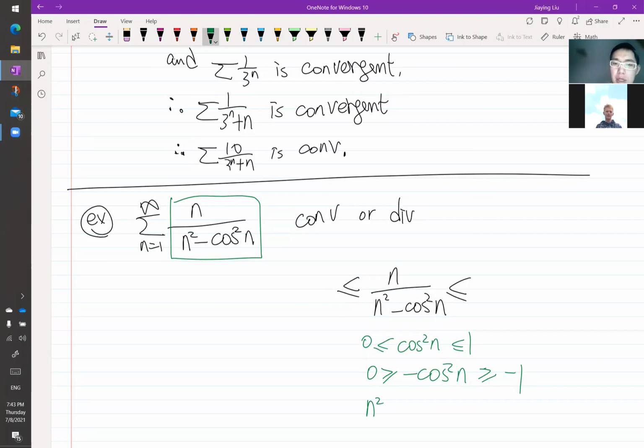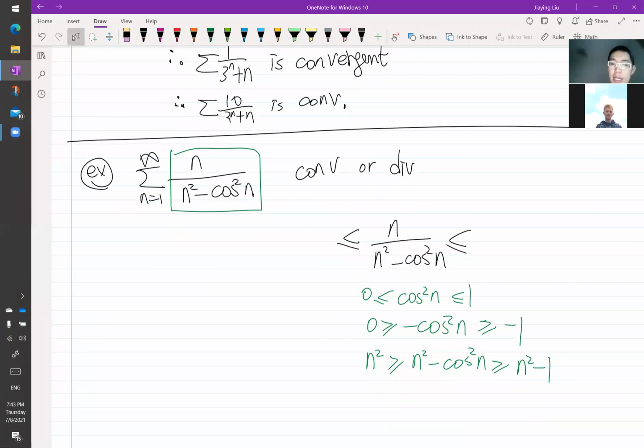So n squared greater or equal to n squared minus cosine square n greater or equal to n squared minus 1. And then I'm going to take all of those, put them into the denominator, and I have to flip the sign again. So I got 1 over n squared less or equal to 1 over n squared minus cosine square n less or equal to 1 over n squared minus 1.